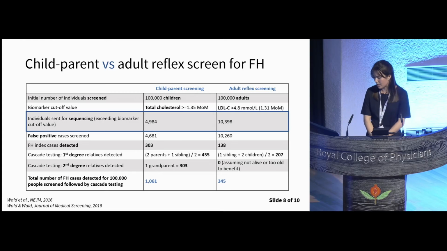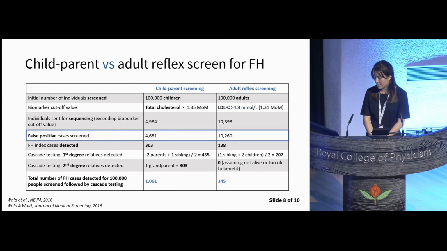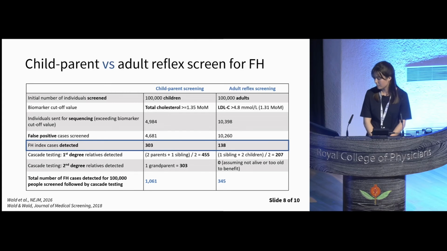However, for these thresholds and biomarkers, we can see that twice as many individuals exceed the biomarker value and are sent for sequencing using the adult reflex screen. This means that a lot more false positive cases are obtained in the adult reflex screen compared to the child-parent screening strategy. And fewer FH cases are also detected using the adult reflex screen.